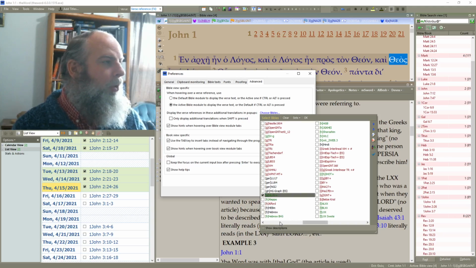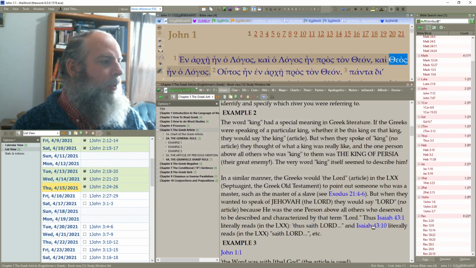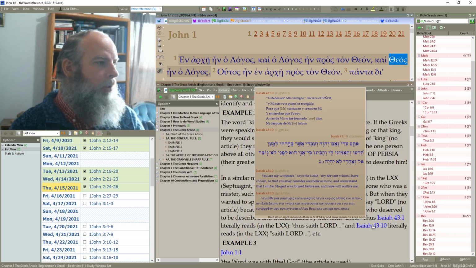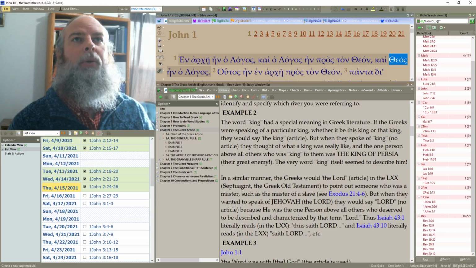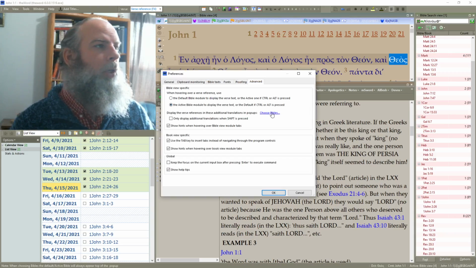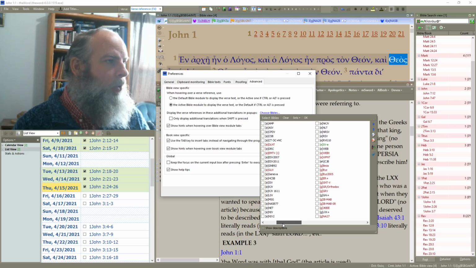I think it's this one. Let's try that out. Nope, not that one either. One sec, we're going to try again. Choose Bibles. We're looking for the LXX, which is the Septuagint.